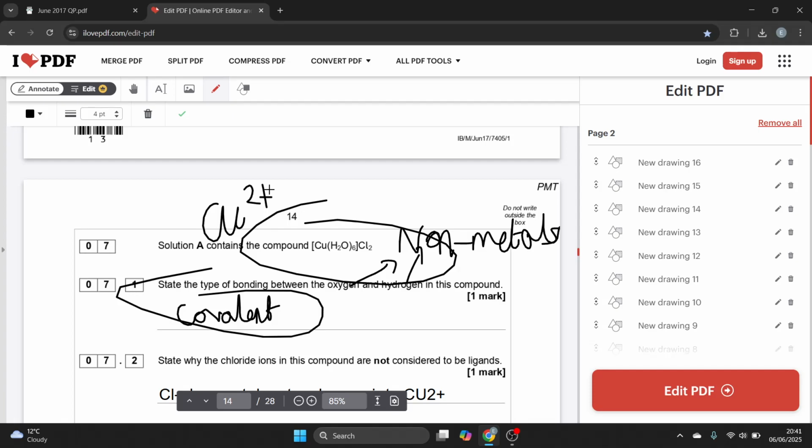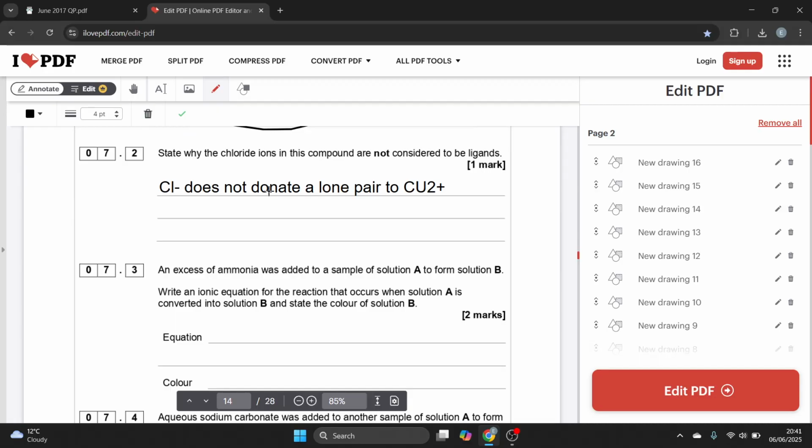Let me get my sheet. There's actually 2. What does it say in the question? To form solution B. Okay, because it's a solution. Okay, that's a bit tricky.